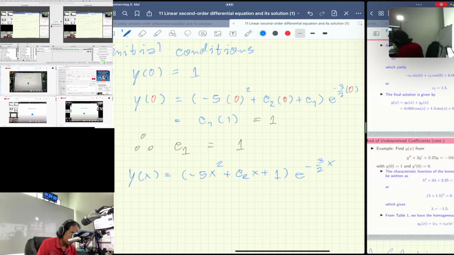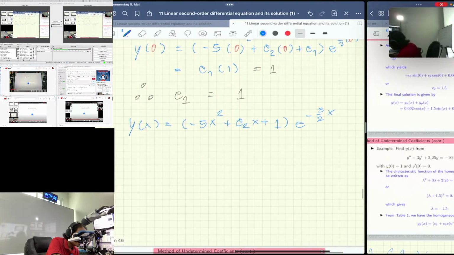So now let's consider the second initial condition, which is y prime 0 equal to 0. So you need to find y prime x, and that's d by dx of y(x), right?